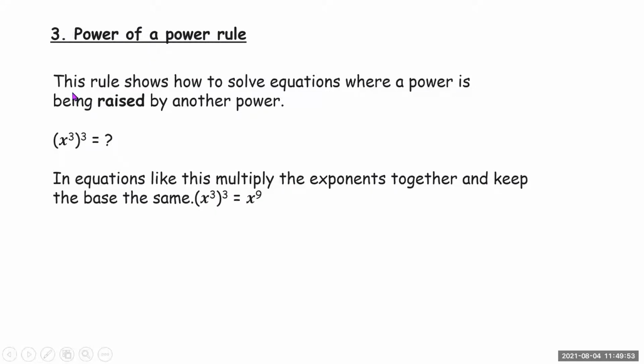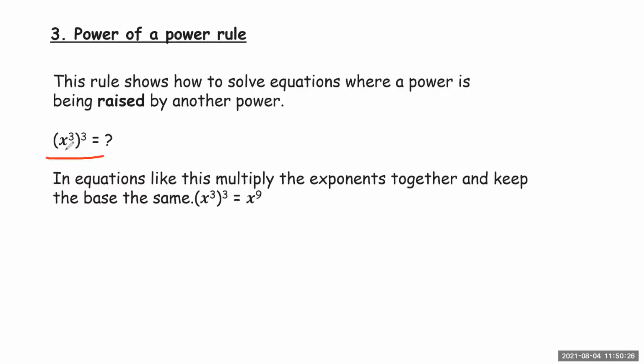The third law is the power of a power rule. If you already have a power and over that you have one more power, how do we handle it? This rule shows how to solve expressions where a power is raised to another power.